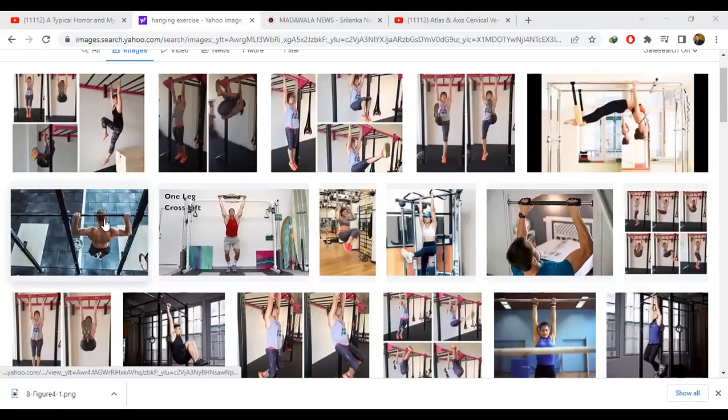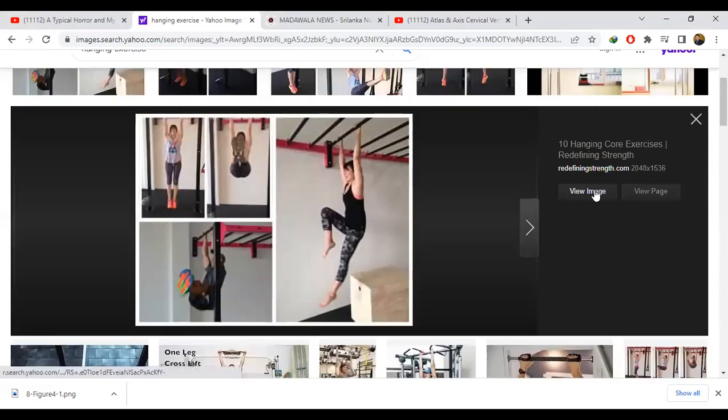You would have seen people hanging this way on a support and lifting their body, correct? Yes, sir. Okay, to do this, they need a strong support here. Am I right?